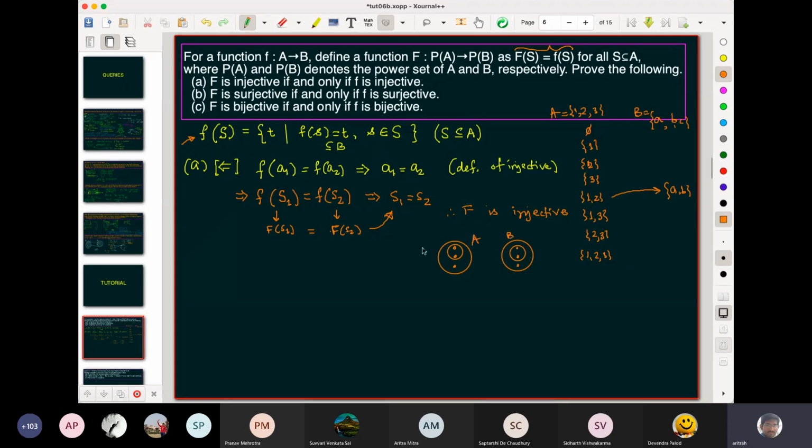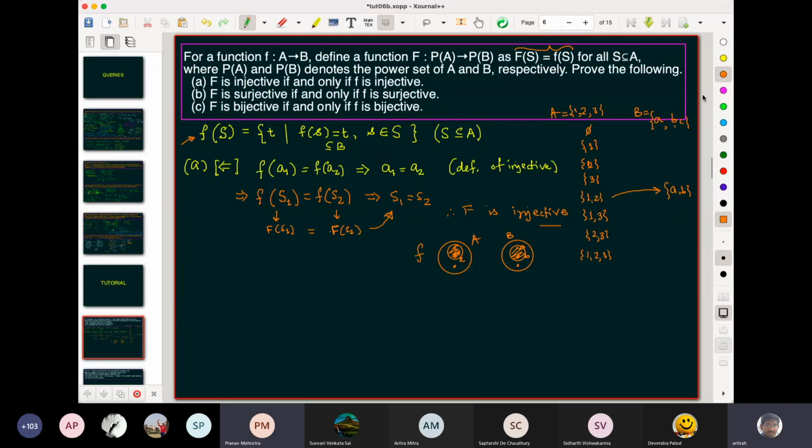This is a, this is b, this is your f function. So if you take 1 and 2, you will get a and b, this set here, F(S), where your S, a subset of A, is {1, 2}. This is one example that I give. What is your question now? Yes, sir. Thank you.